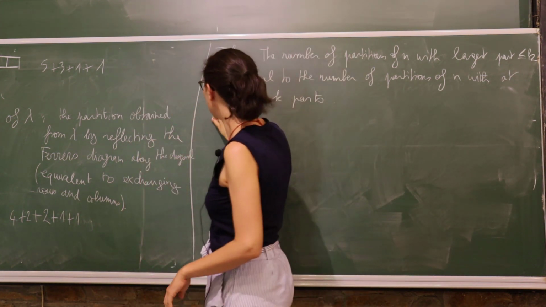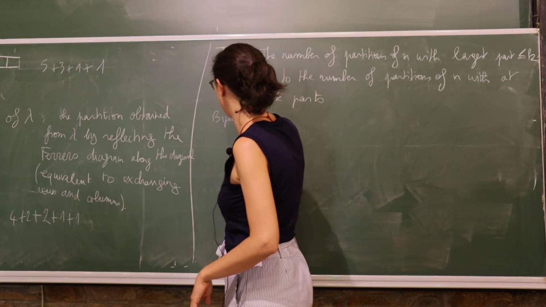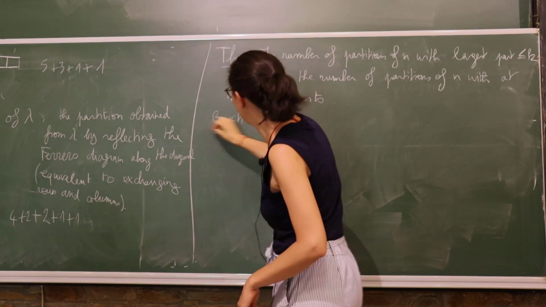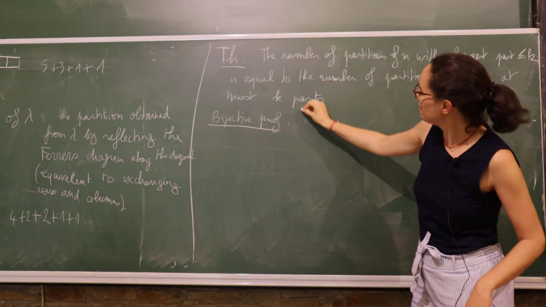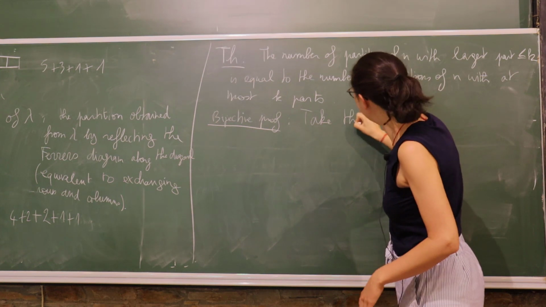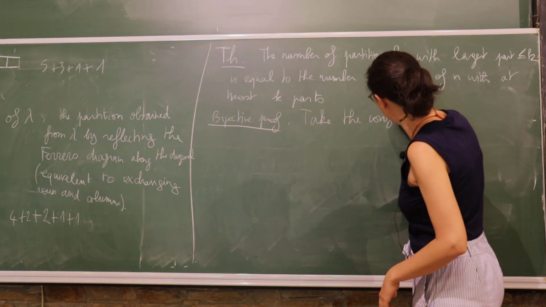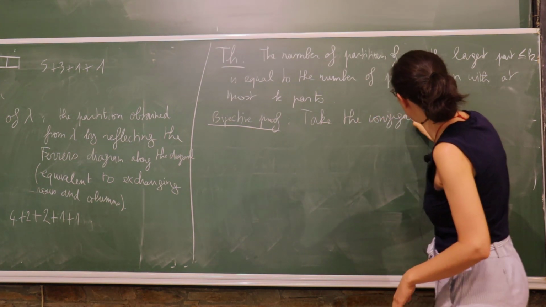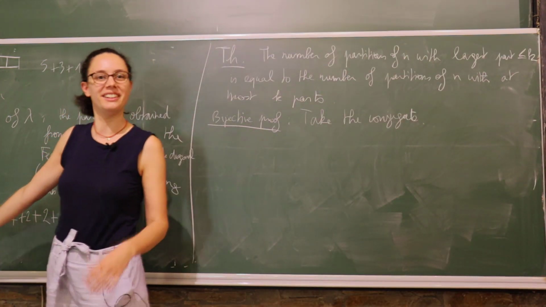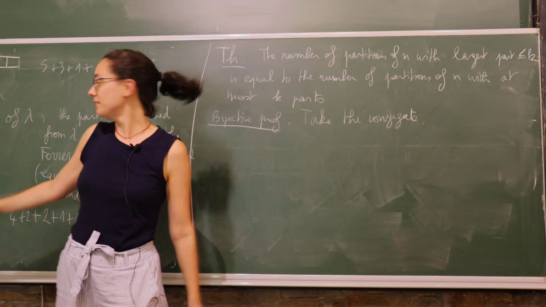And the bijective proof of that is just three words: take the conjugate. So that's probably the very simplest bijection you can do by using Ferrer's diagrams.